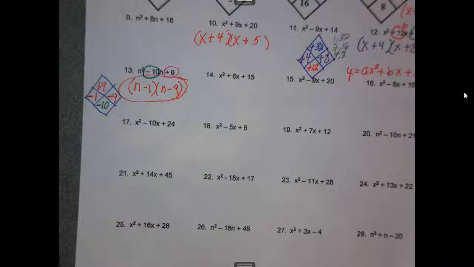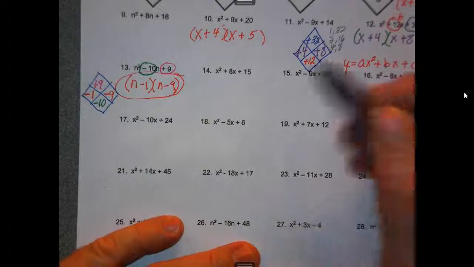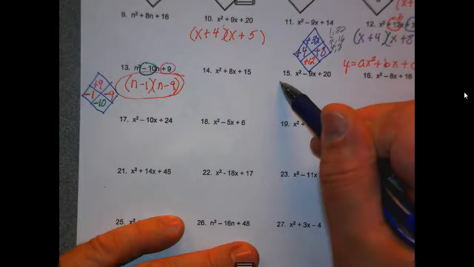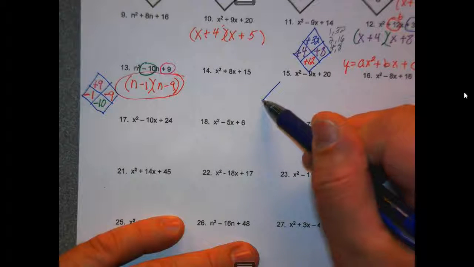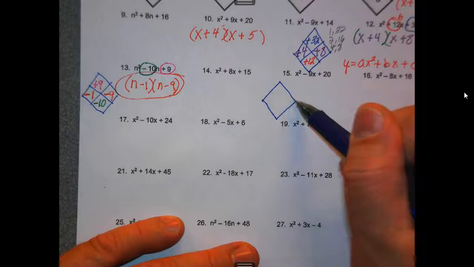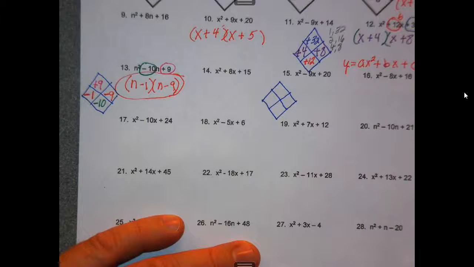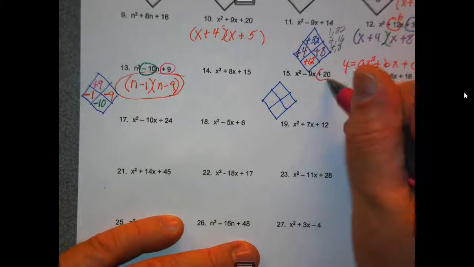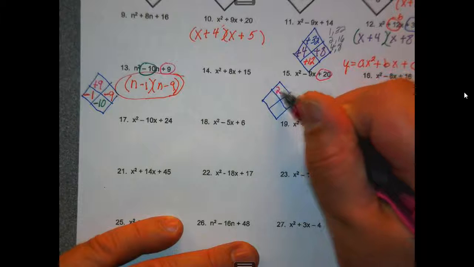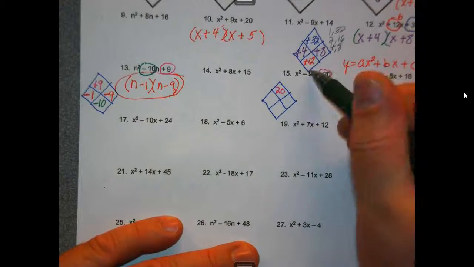Okay, let me do a few more because these do take some practice to get used to. Okay, number 15. I'm going to draw my diamond. My C is positive 20. My B, negative 9.